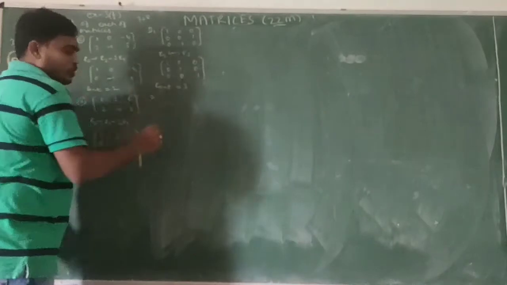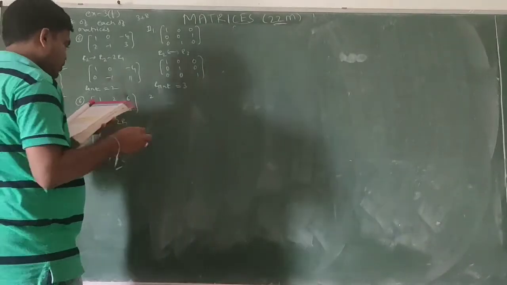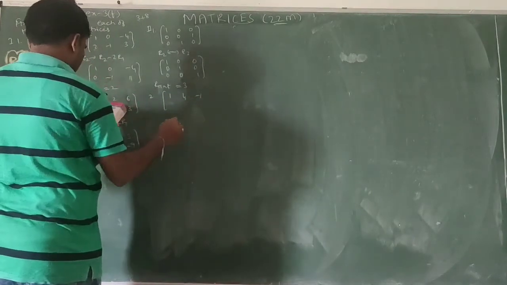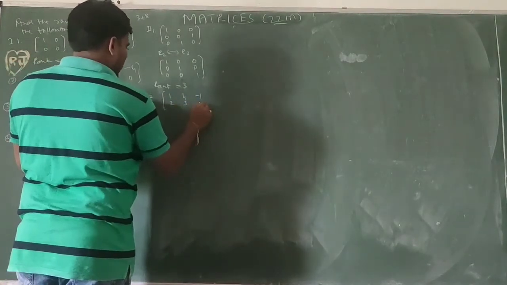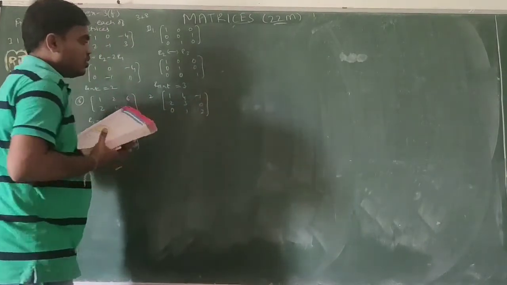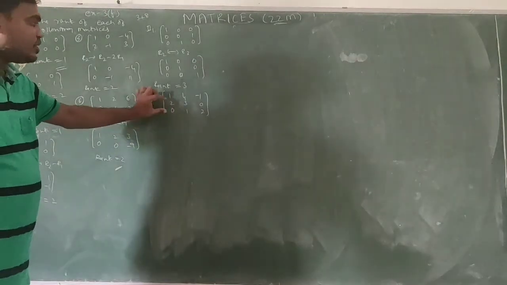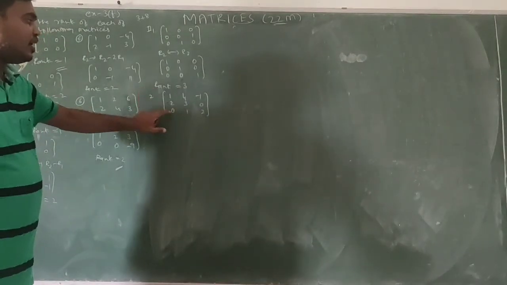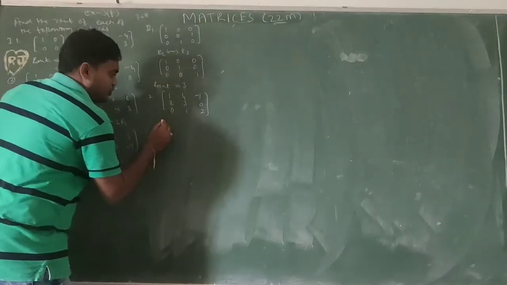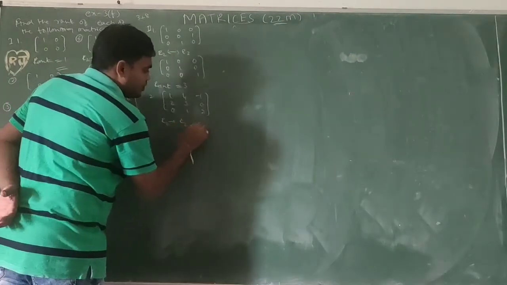Next, second question: 1 4 minus 1, 2 3 0, 0 1 2. We need these three elements to be 0. First, I want to convert these two elements to 0. In this one it is already 0. So this one I want to convert to 0: R2 changes to R2 minus 2 into R1.